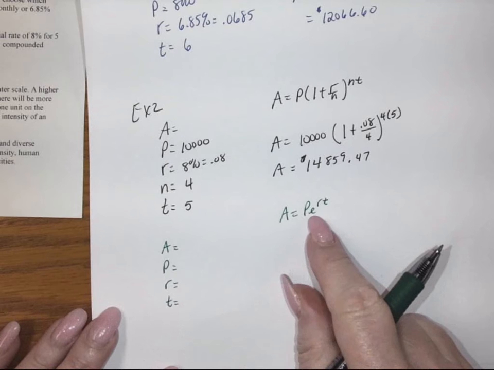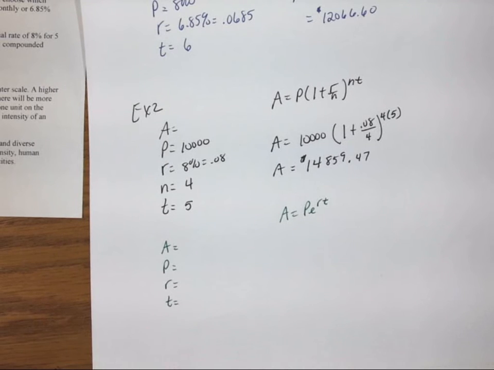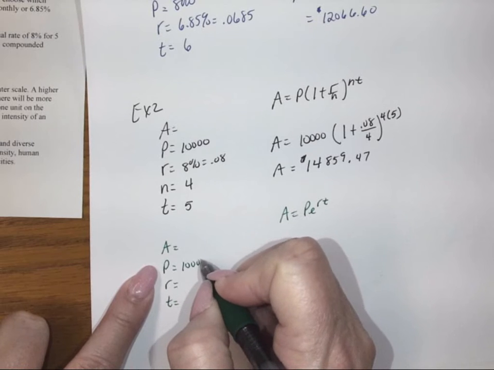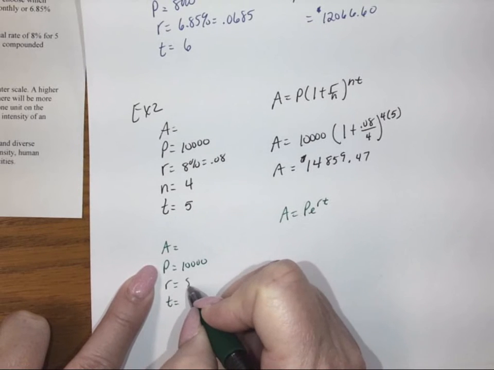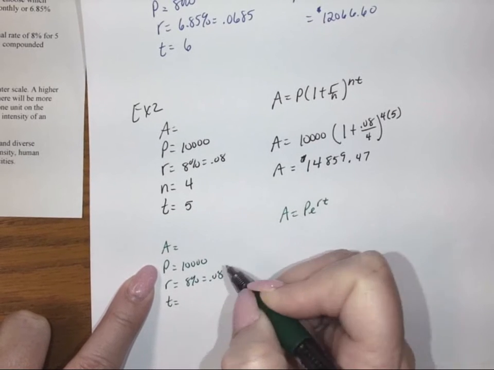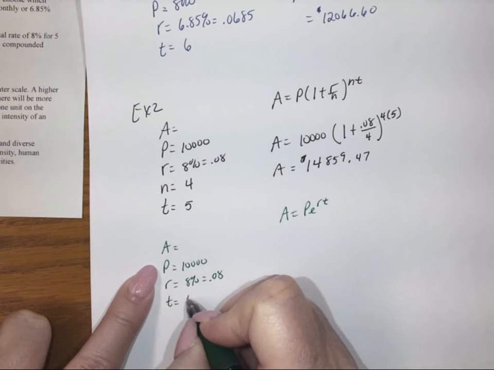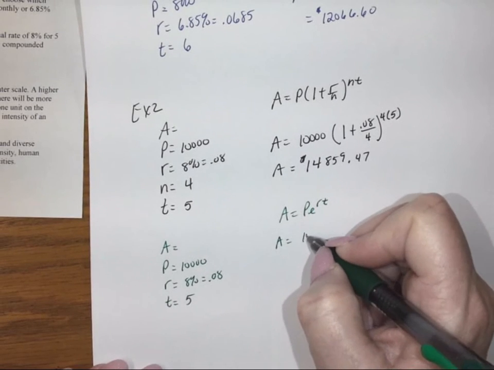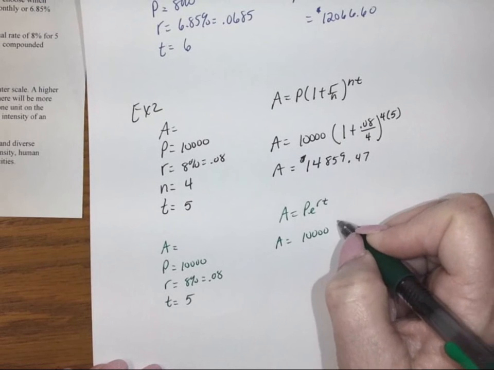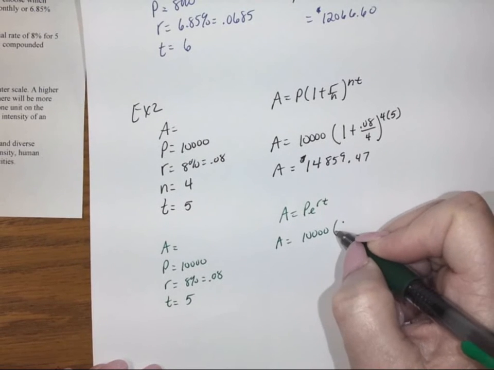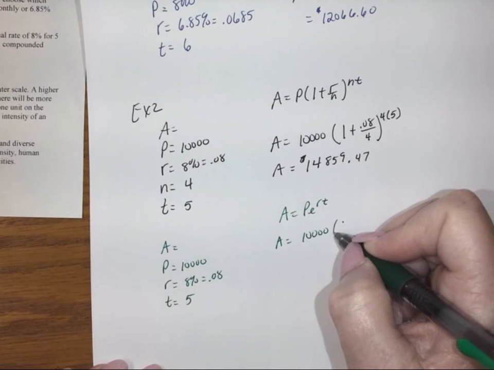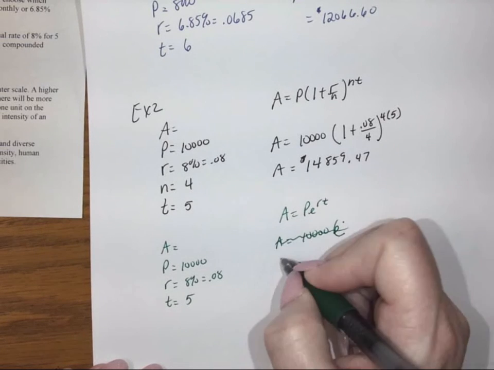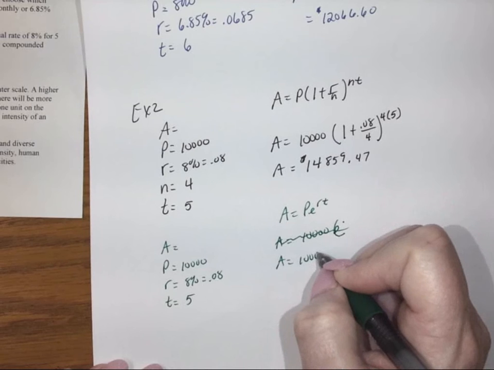e is never a variable because it actually has a value in your calculator. So our P is still 10,000. Our R is still 8%, which is 0.08, and our T is still 5. We just don't have the N. So A is equal to 10,000, times e. Sorry about that. So A is equal to 10,000.